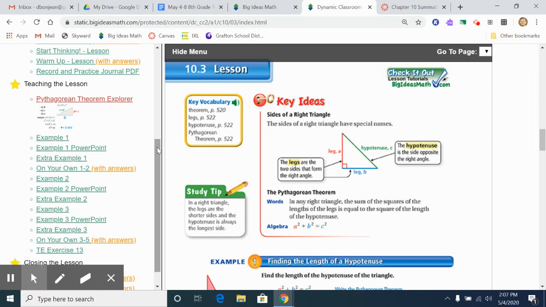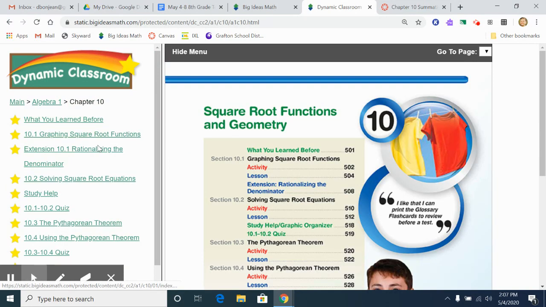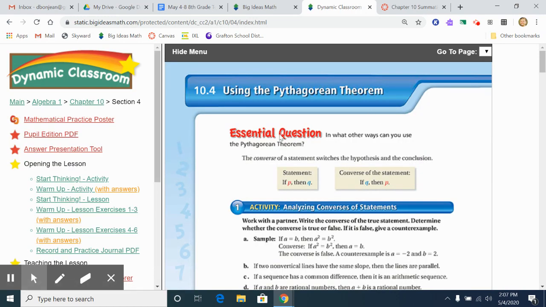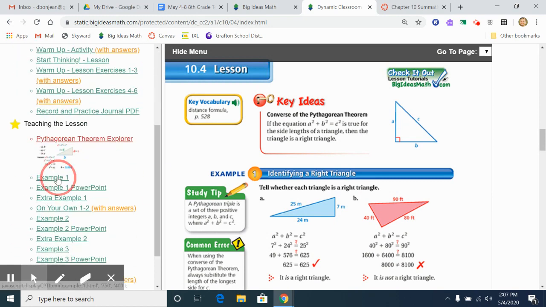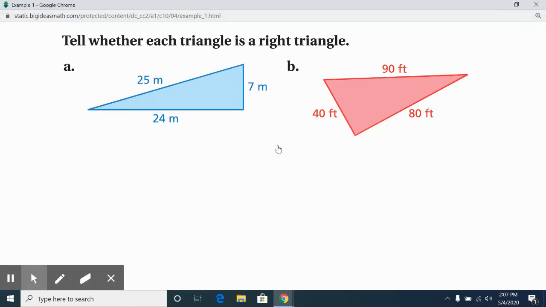Number 12 is using the Pythagorean theorem to prove that something is or isn't a right triangle. That's just like this example here. It's asking us to tell whether each triangle is a right triangle or not. If we remember correctly, the longest side has got to be c.